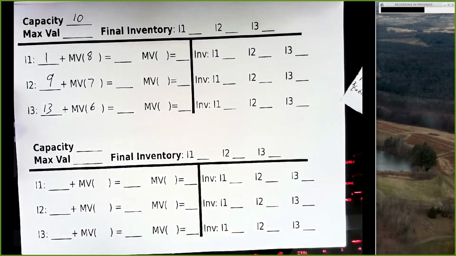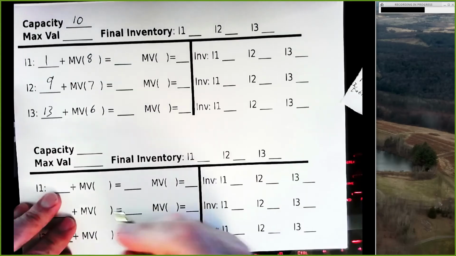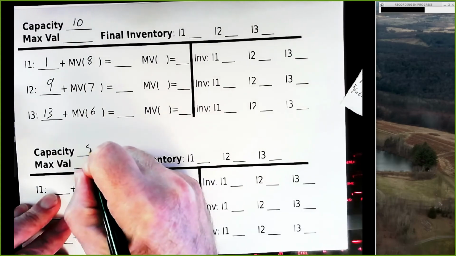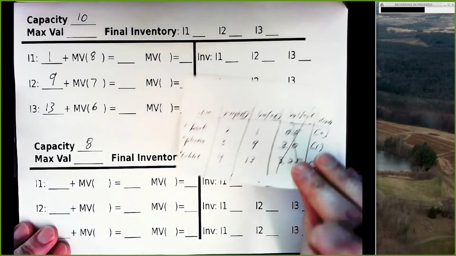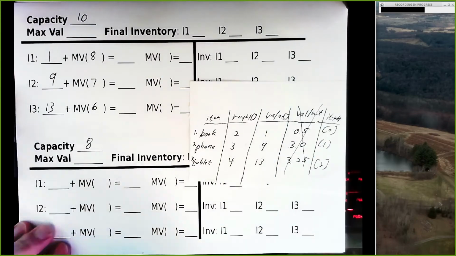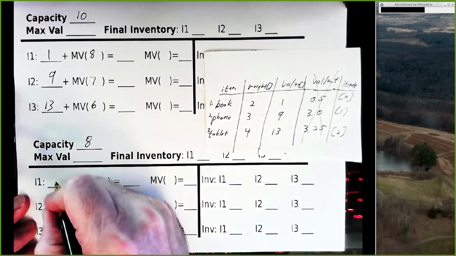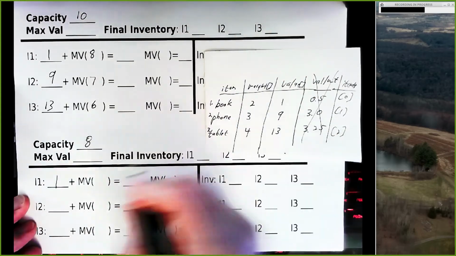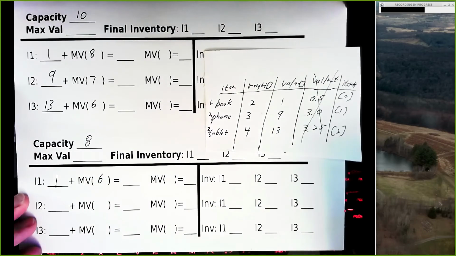Okay. All right, well, we need to find maxval of 8, so let's do that, and that's going to be a new sub-problem. Same drill: if we start with a book that has a value of 1 and weighs 2 pounds, our capacity of 8 goes down to 6, so 1 plus maxval 6.